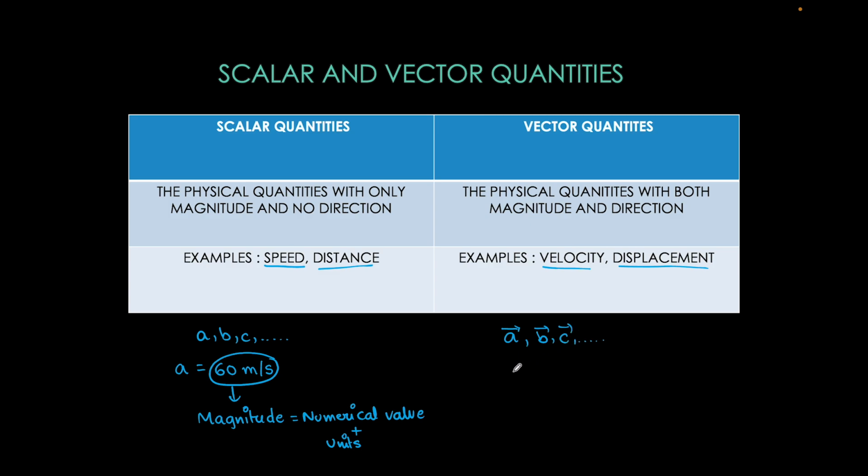A vector quantity, let's say velocity, is represented as 60 meter per second x cap, right? So this basically is the magnitude part, as I have shown you in the example of scalar, and this is basically the direction part.